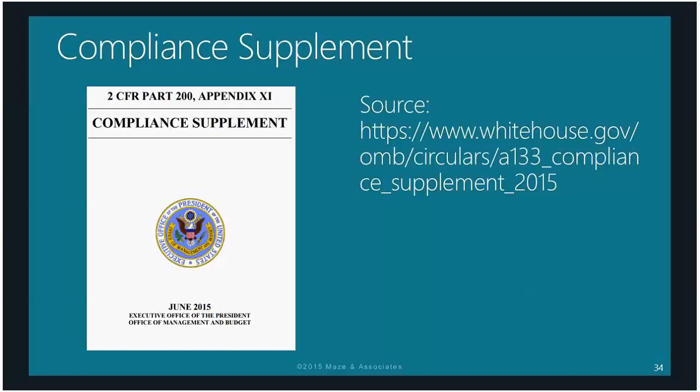So when accessing the website above, the OMB has graciously divided the supplement, which I have to say is 1,500 pages. The website divides it into its different parts, and also gives you an option of downloading the sections as a PDF or a Word doc, and I thought that was helpful.